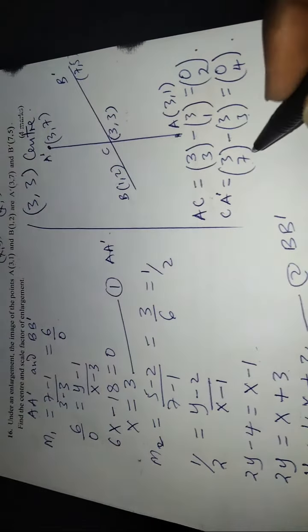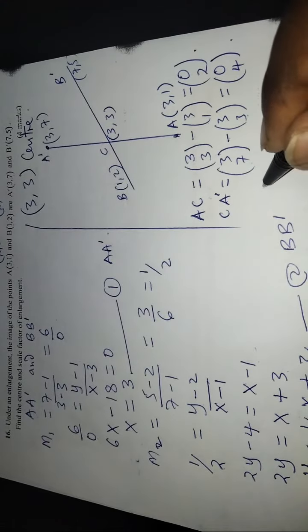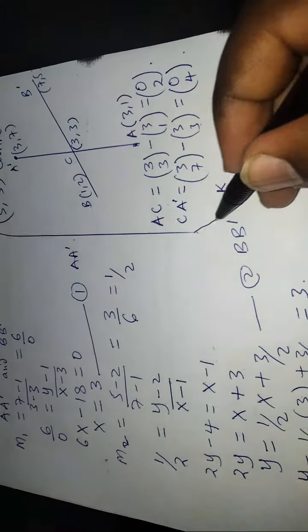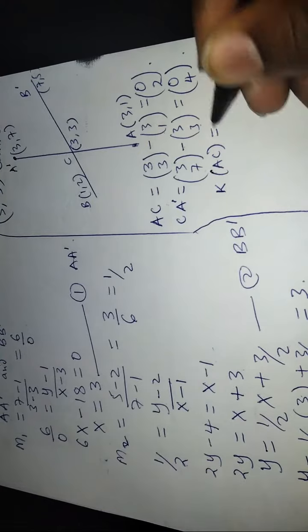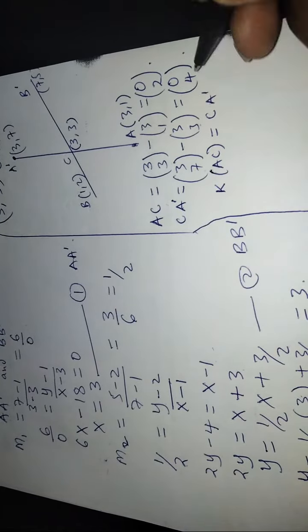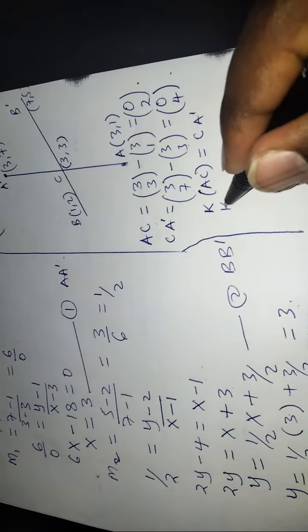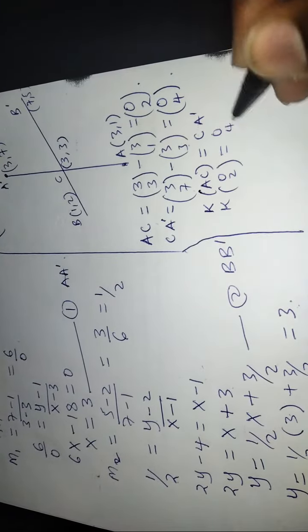Therefore, we're going to express them in terms of scalar multiples. So we're going to use a certain scalar, let's call it k, for example, multiplied by AC to see whether it will give us CA prime. Therefore, we will have k times (0, 2) equals (0, 4).